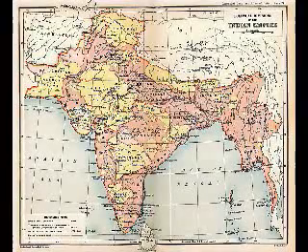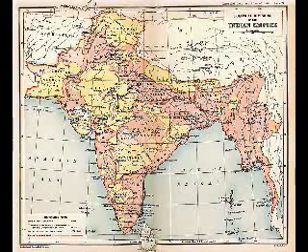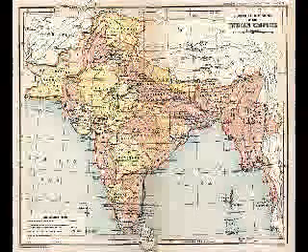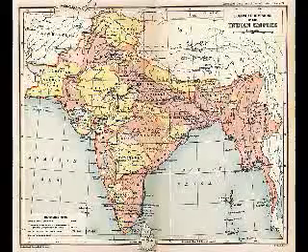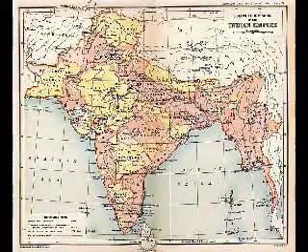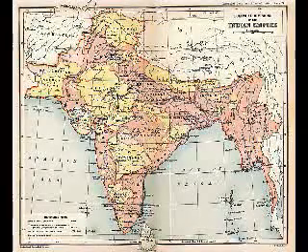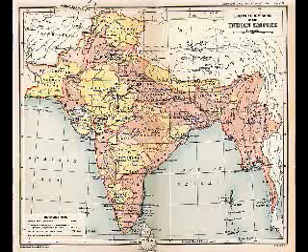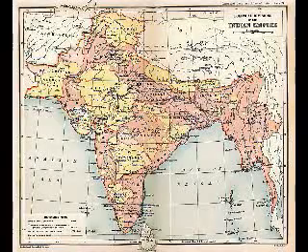The process started in the year 1864. In the initial years, most of the members were nominated and the bodies were presided over by the district magistrates.